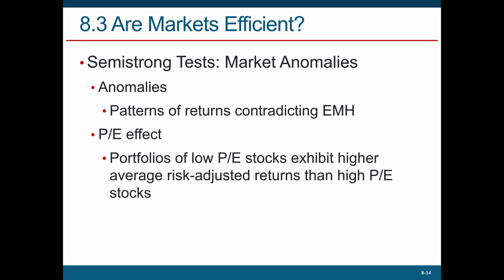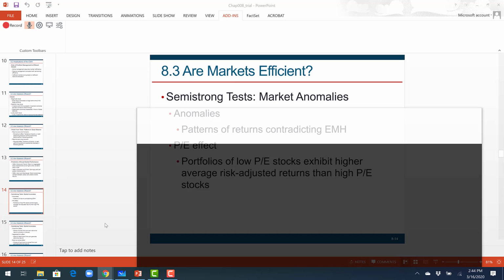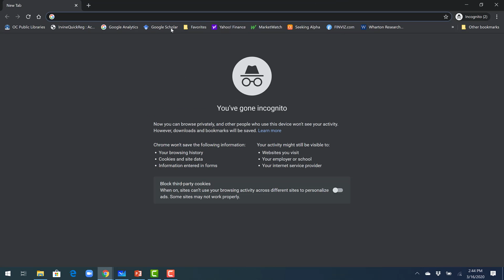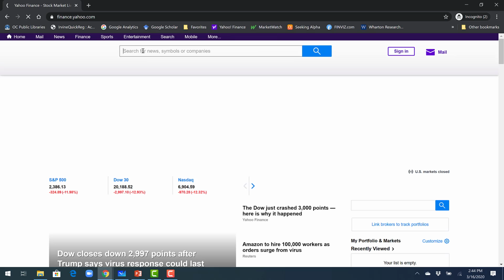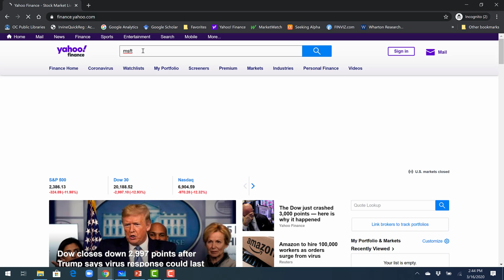Price is the stock price, and earnings, the denominator, is basically your earnings per share, right? So price per share over earnings per share. It's a very commonly reported metric. Like if you go to say Yahoo Finance, you can actually find the PE ratio for any company that has positive earnings. Like let's use the Microsoft example here.